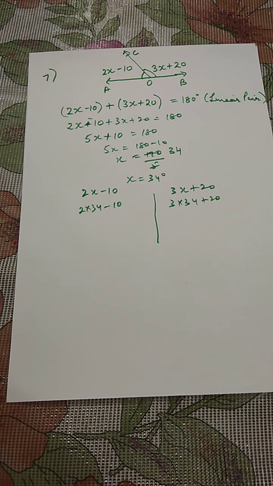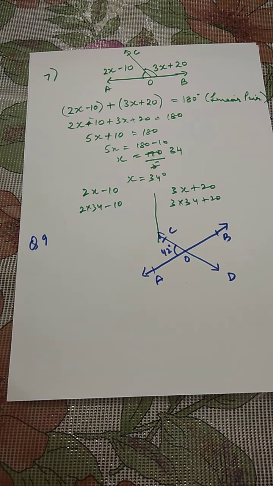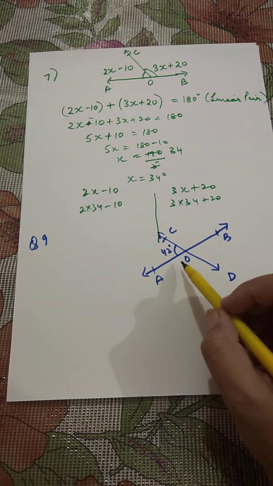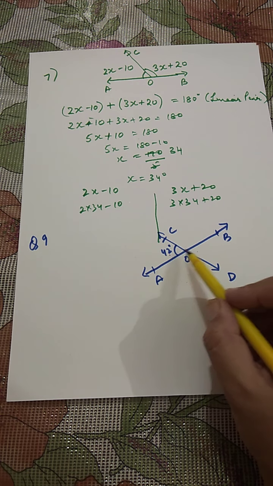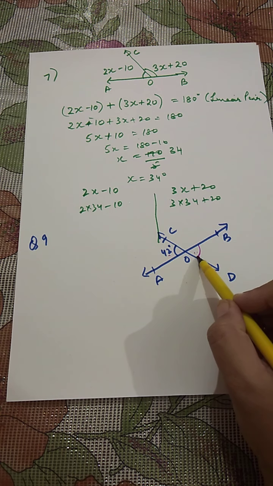Another type of example you will come across is question number 9. Question number 9 states that these are two intersecting lines and they are forming 4 angles. I have told you about the vertically opposite angle. You have to find all the other 3 missing angles. First of all, exactly opposite to this angle is this.